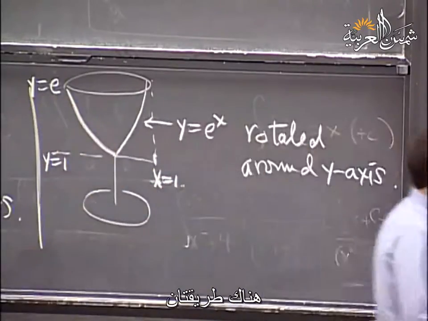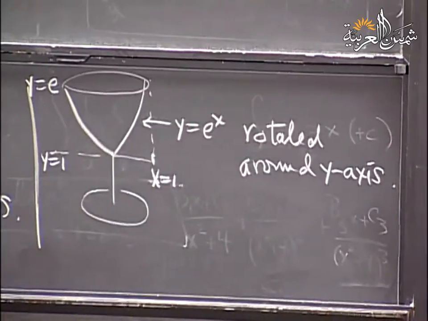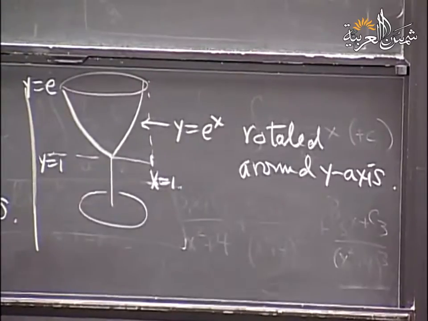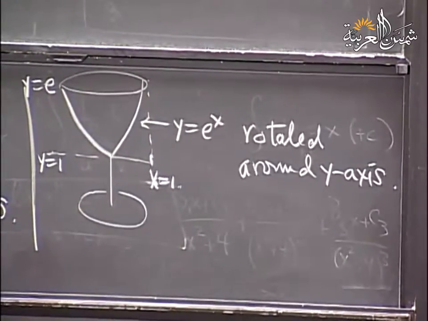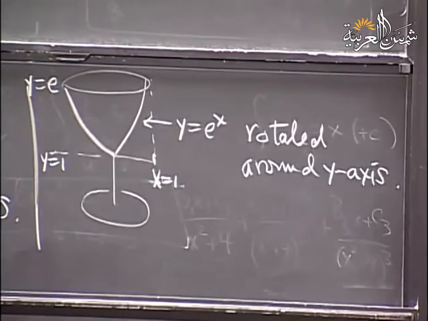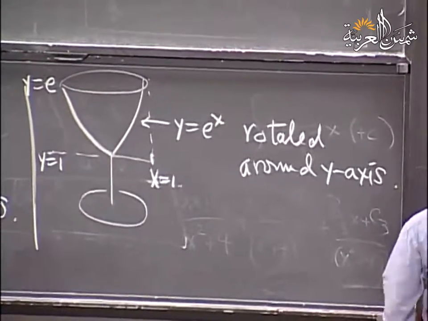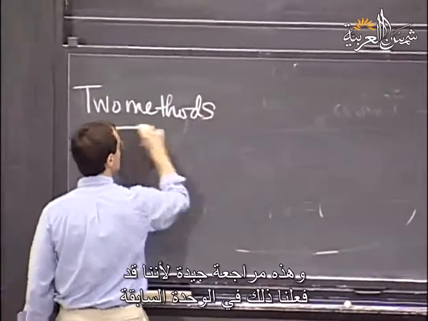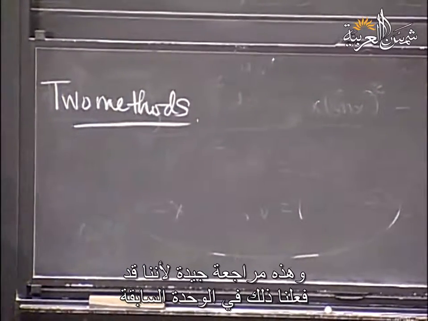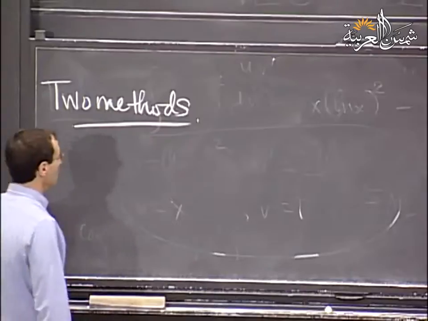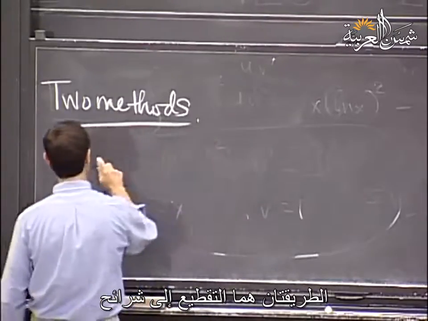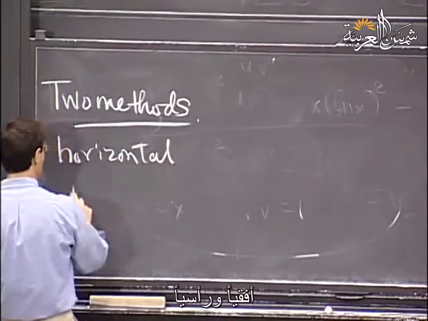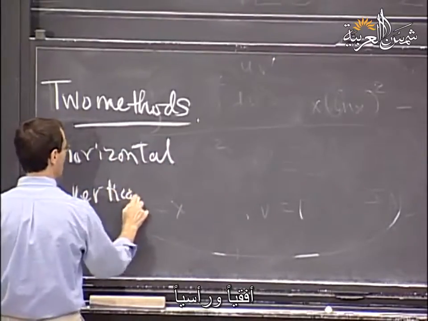Now, there are two ways to set up this problem. And so there are two methods. And this is also a good review because, of course, we did this in the last unit. The two methods are horizontal and vertical slices.